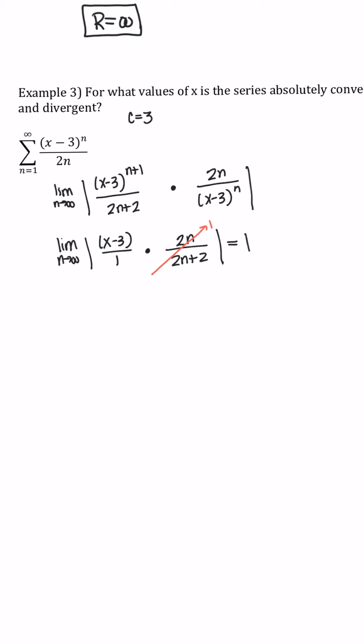So now I'm isolating this limit, and this limit will be equal to 1. So therefore, my big limit is equal to the absolute value of x minus 3. And I know that the series is going to absolutely converge when the absolute value of x minus 3 is less than 1. And notice this notation here. I have x minus my center is less than my radius of convergence.